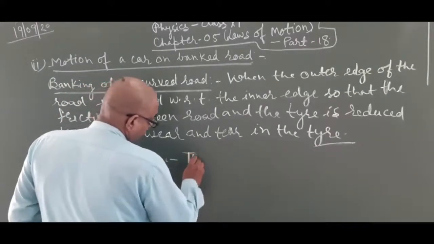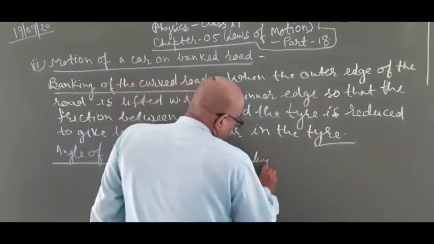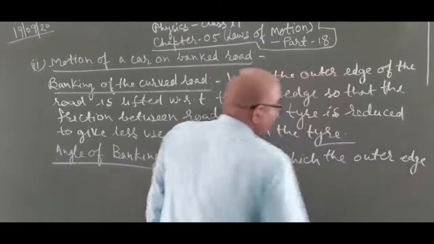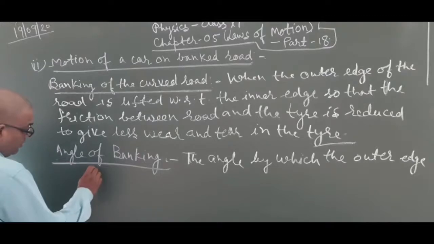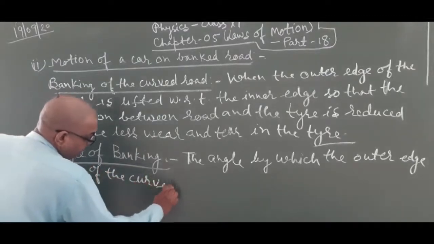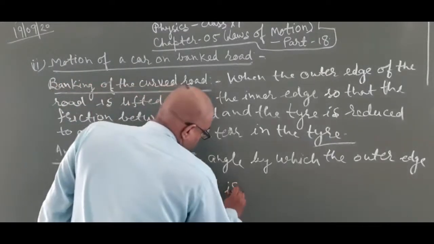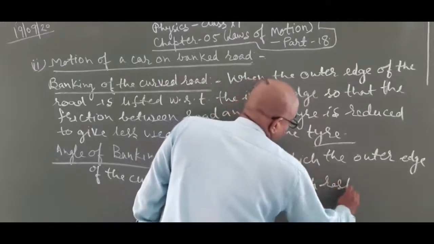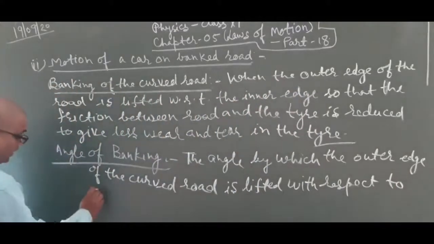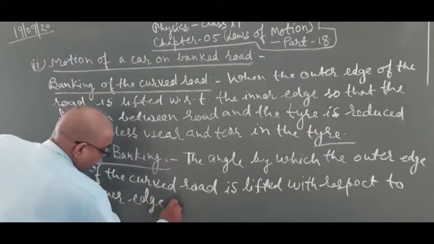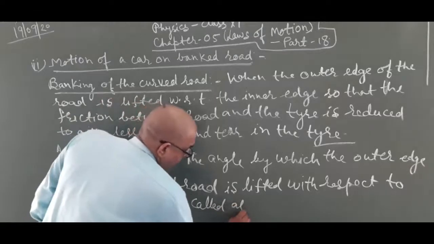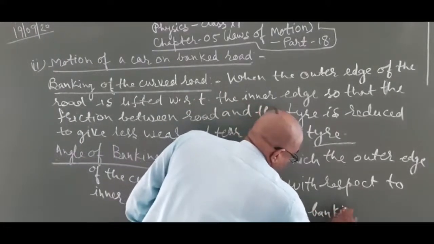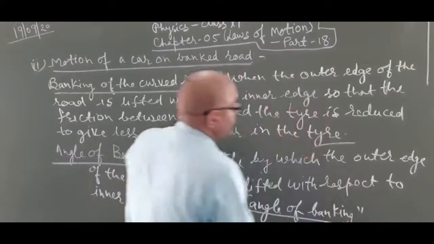The angle by which the outer edge of the curved road is lifted with respect to the inner edge is called the angle of banking.